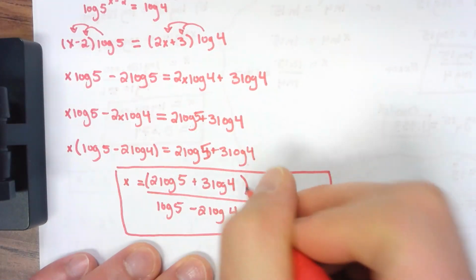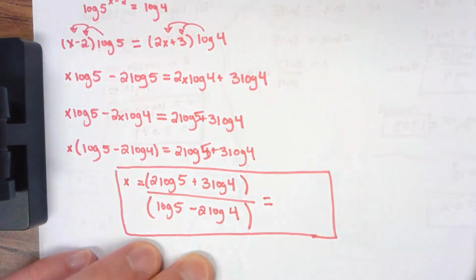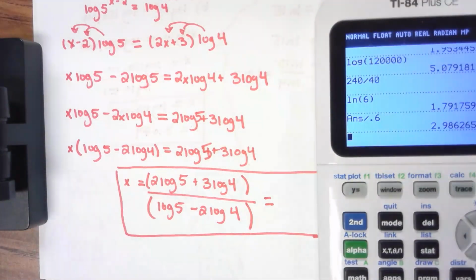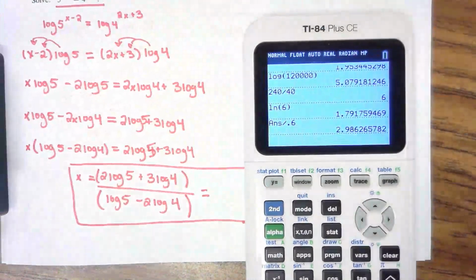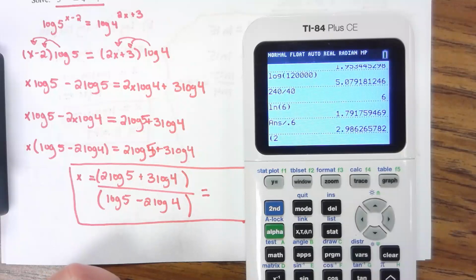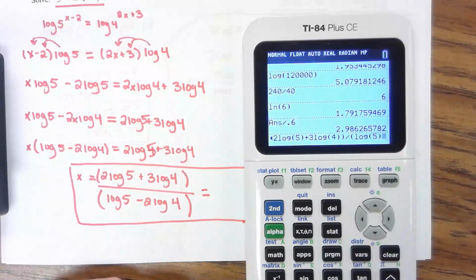Now, when I do that, I'm going to put parentheses around the whole numerator and around the whole denominator, and then I can just type it in exactly as I see it. So (2 log 5 plus 3 log 4), close it, so that's the whole top group together, divided by (log 5 minus 2 log 4).